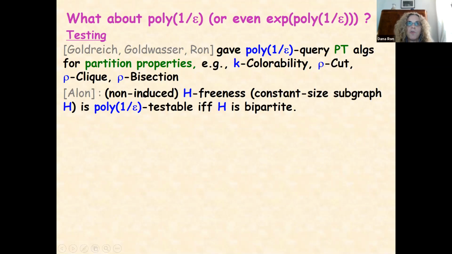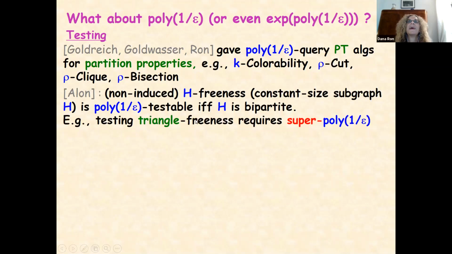So now returning to Alon's work, he showed that if the subgraph that you want to be free of is bipartite, then you have a poly 1 over epsilon testable algorithm. If it's not, then you don't. What is kind of striking here, I think, is that people working in combinatorics maybe wouldn't think it's so surprising, but from outside, even the simple property I mentioned before, triangle freeness.